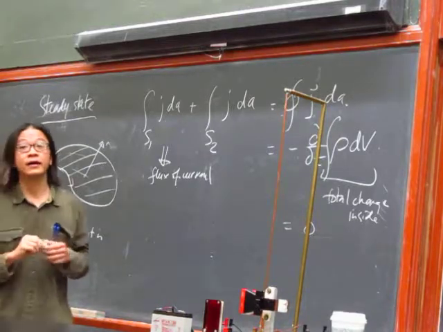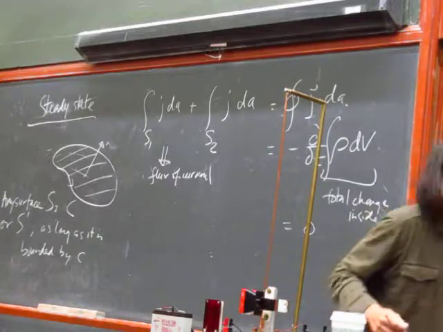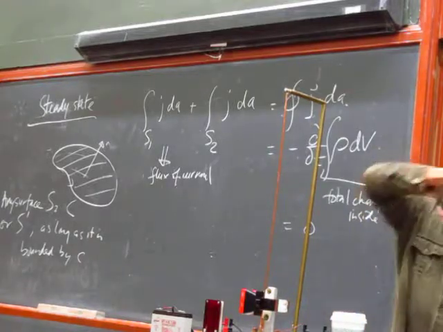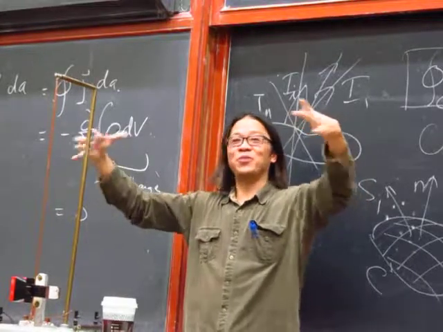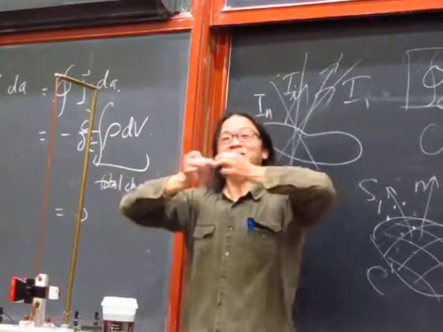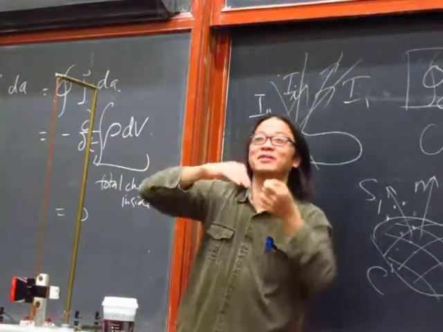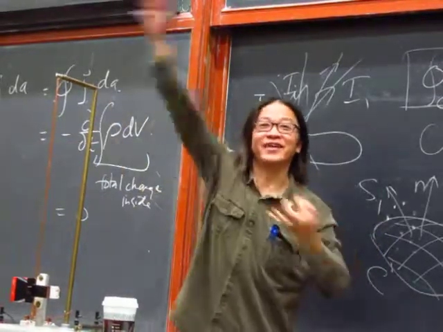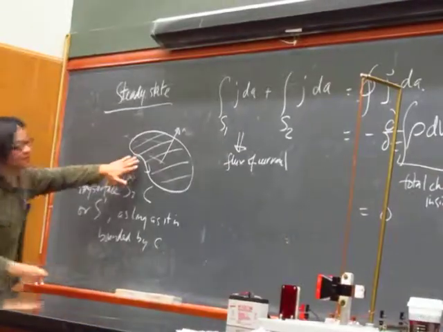Wait, so do these have the same boundary? Yes, the surfaces have the same boundary. But imagine having a soap bubble bounded by a perimeter. You can have a flat surface of soap, or you can blow it and have another surface, right? So I have two surfaces, S1 and a flatter S2.